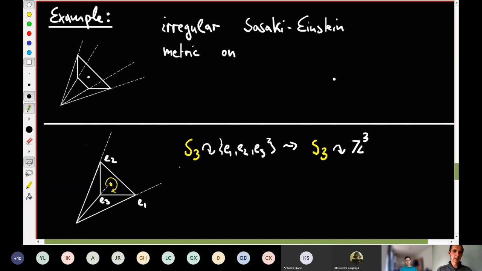Now let's come back to our example and just sum up what we learned here. We have seen for our example that the solution of our minimization problem is such an irrational vector psi. So this means that what we get here is indeed an irregular Sasaki-Einstein metric on the link of our affine variety.